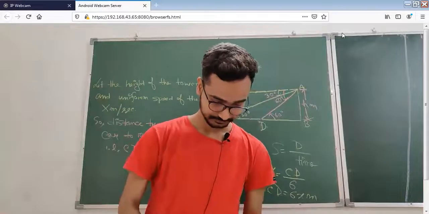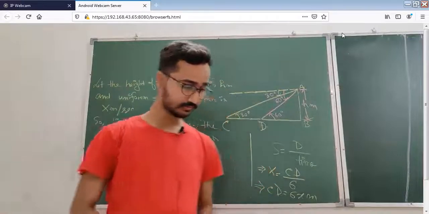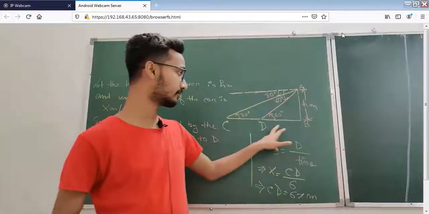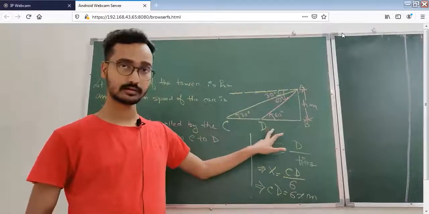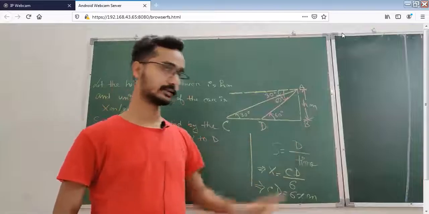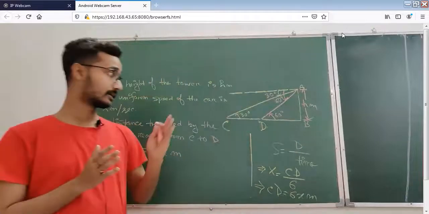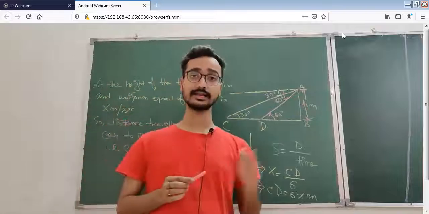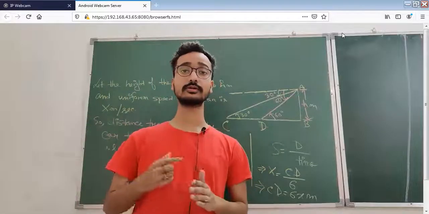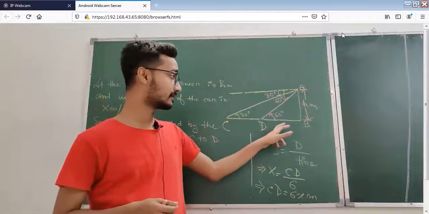Now see, you have to find the time required for the car to move from point D to point B. In the question itself, it is said that the car is moving with a uniform speed. What do you mean by uniform speed? Uniform speed means the speed will neither decrease nor increase.